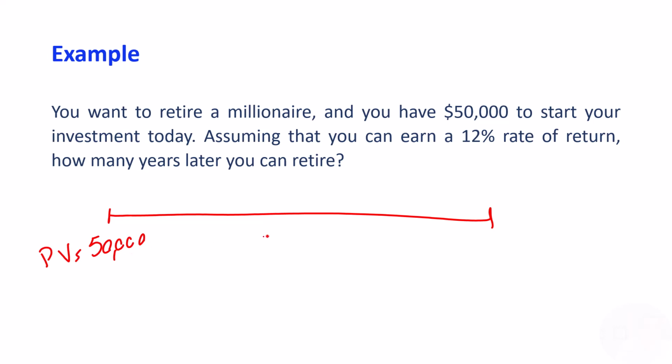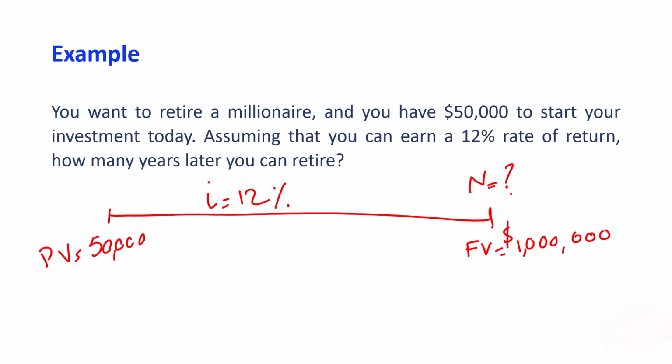That's your present value. And your future value is, of course, $1 million because you want to be a millionaire. And you know that there is an investment that provides a rate of return of 12%. All you need to know is how long it takes for you to achieve this goal.